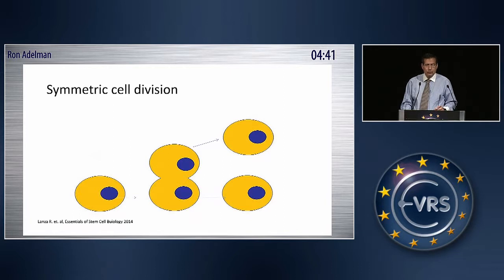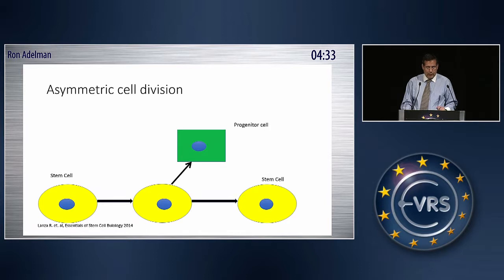It means that each of those cells are identical to the other one, and they are capable of producing any tissue. Then we will have a little bit of asymmetric cell division. So the new cells are somewhat different, and that green cell identifies the cell that may be generating a new tissue, but not all of the tissues.